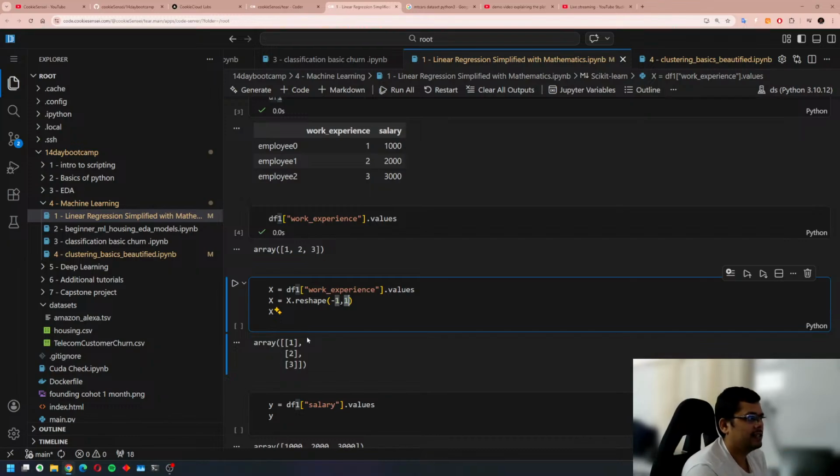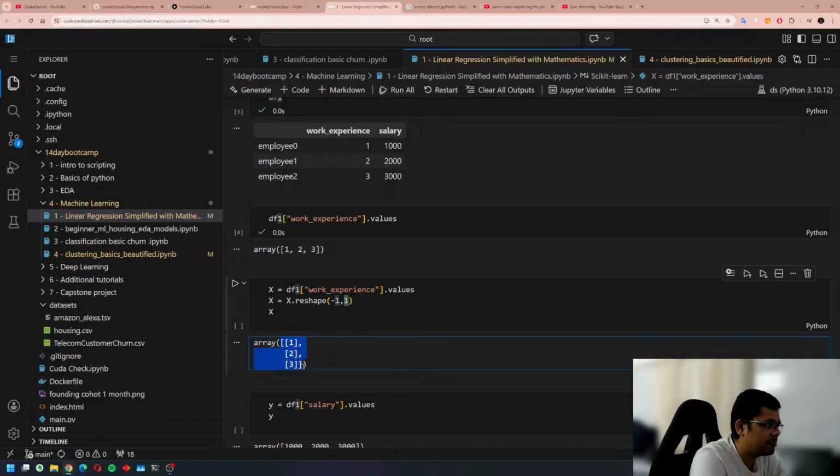Because we could have multiple features predicting salary, like work experience, number of projects, and number of leaves an employee takes. That could also determine their salary. So the data used to predict the salary is in the form of a 2D shape. That's why it's standard to take the X part in a 2D shape.